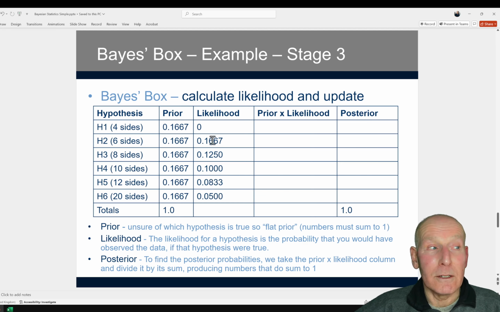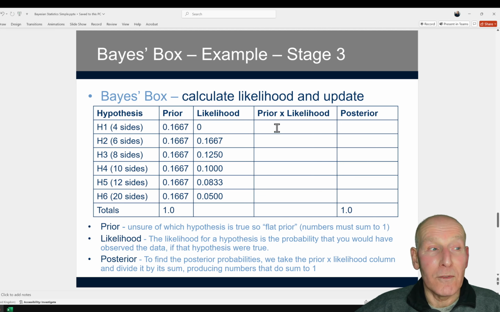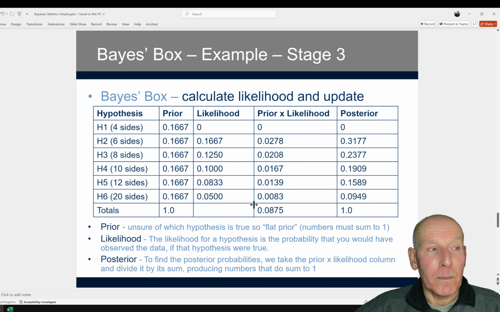Now what we need to do is to multiply the prior by the likelihood, as in Bayes' equation, which gives us this value. Now you notice so far we've got a probability distribution here, and the posterior has to end up as a probability distribution here. Because we multiply these together, we now don't have a true probability distribution, because the sum of these probabilities is not 1, it's 0.0875.